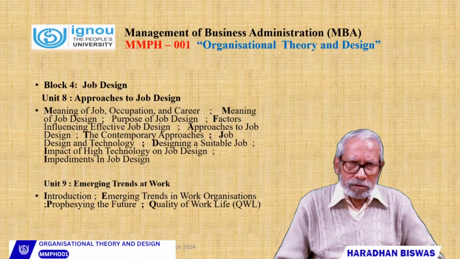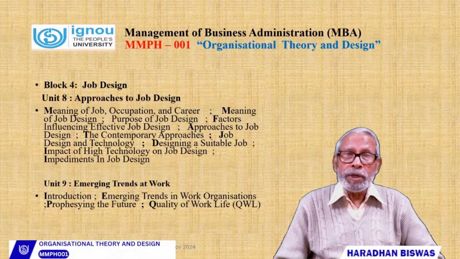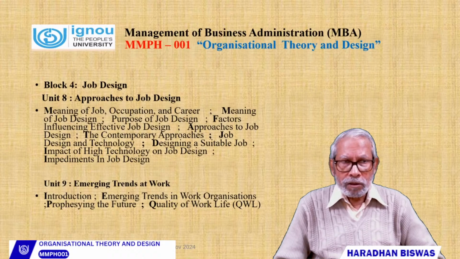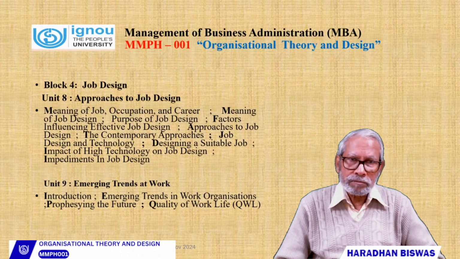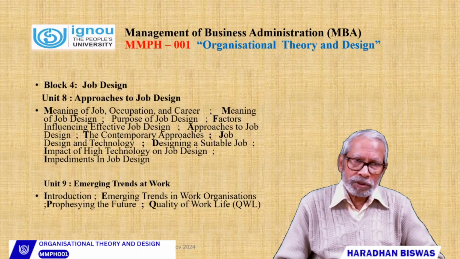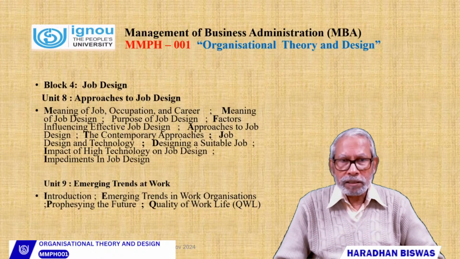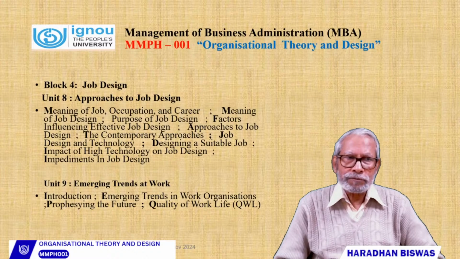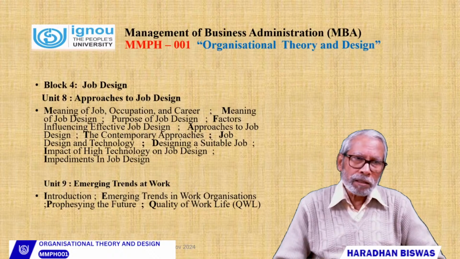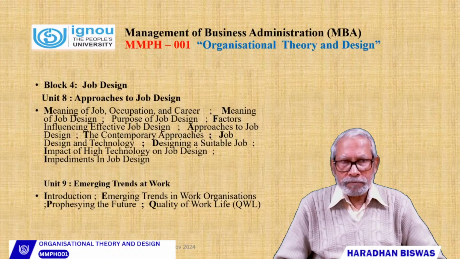We have to see the meaning of job, occupation and careers, meaning of job design, purpose of job designs, the influencing factors for effective job designs, then various approaches, then design and technology, suitable jobs, impact of high technology on job designs, and impediments in job designs. So these are the contents of unit number 8.